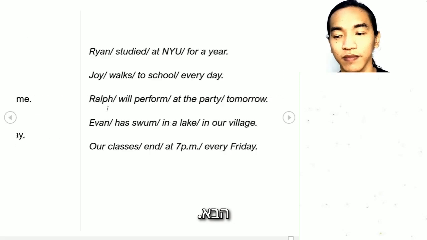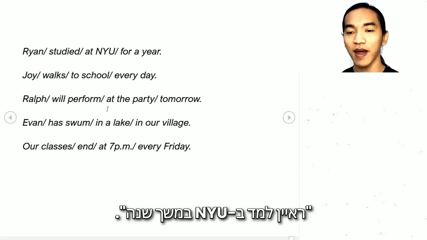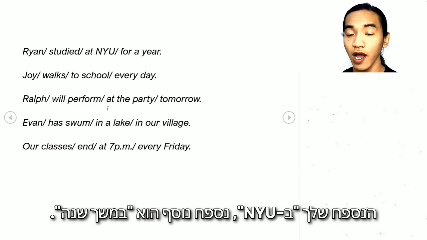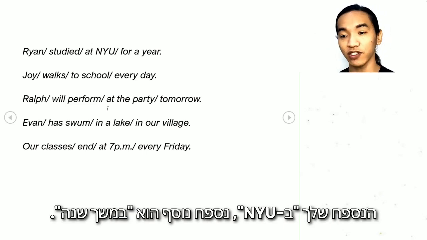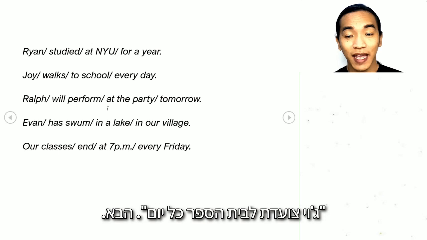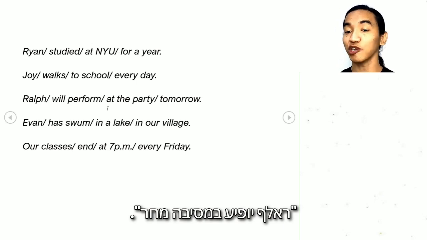All right, next one. Let's take a look at more examples. Ryan studied at NYU for a year. Okay, your adjunct at NYU, another adjunct is for a year. Joy walks to school every day. Next one, Wolf will perform at the party tomorrow.